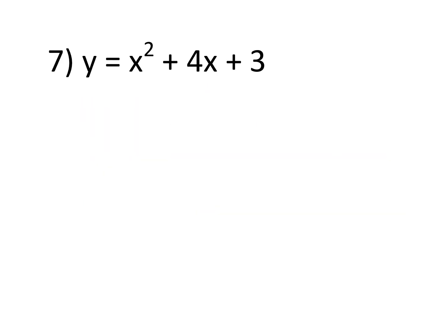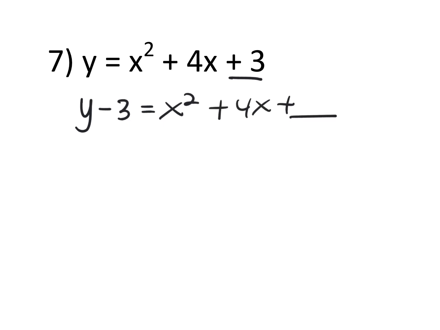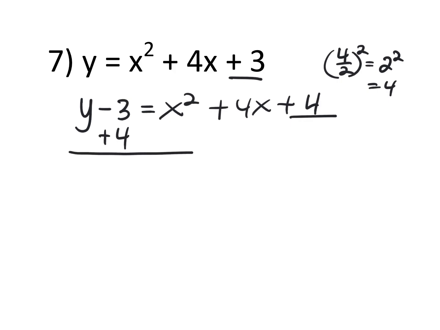Number 7, we're going to do the same thing again. So that's going to give you y minus 3 is equal to x squared plus 4x, and then plus, I'll leave a blank in there. My middle term here is going to be 4 divided by 2, then square it. So 4 divided by 2 is 2, and then squared, it's going to give you 4. So this is going to be 4 plus 4.